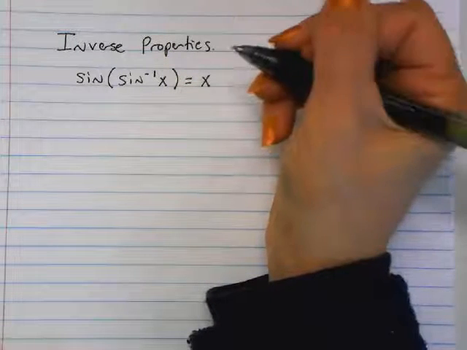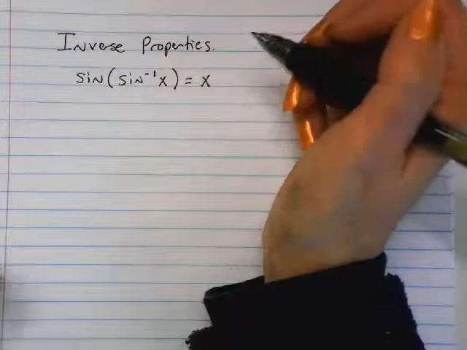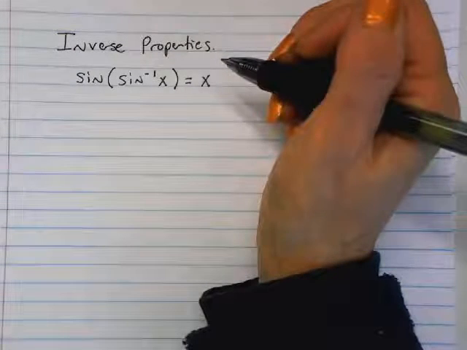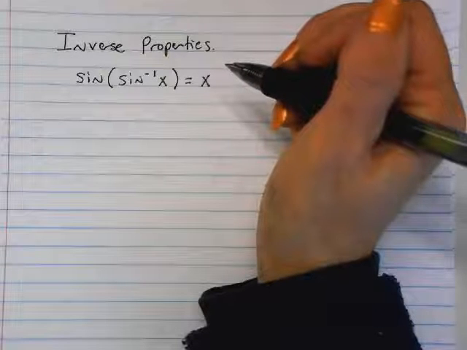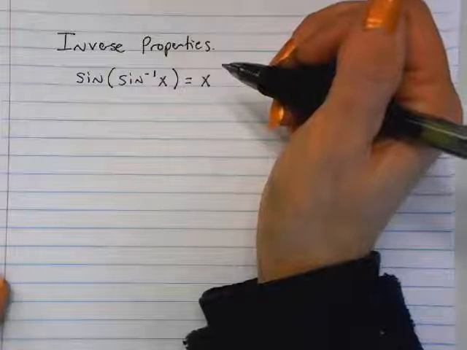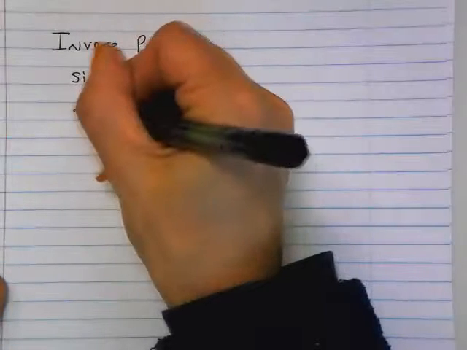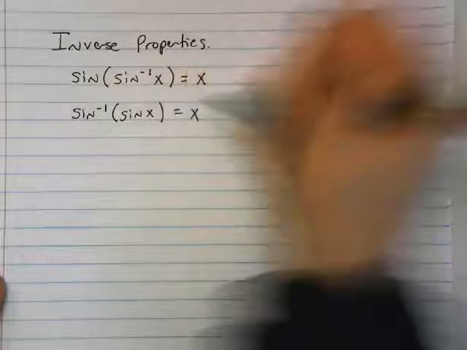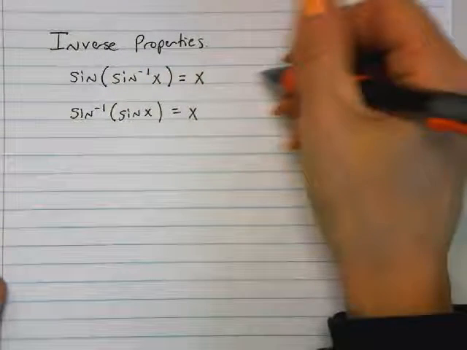Likewise, remember we did inverse properties back in chapter 1. We said if you put f of x and g of x and solve it, you should get x. And if you put g of x and f of x, you should get x. So that's really all we're saying here. Likewise, if I take the inverse sine of the sine of x, I still get x. Now what's interesting is their domains are going to be a little bit wacky for you.